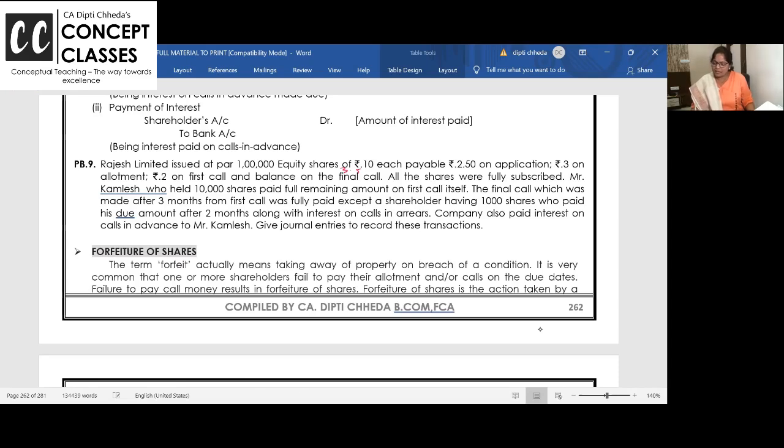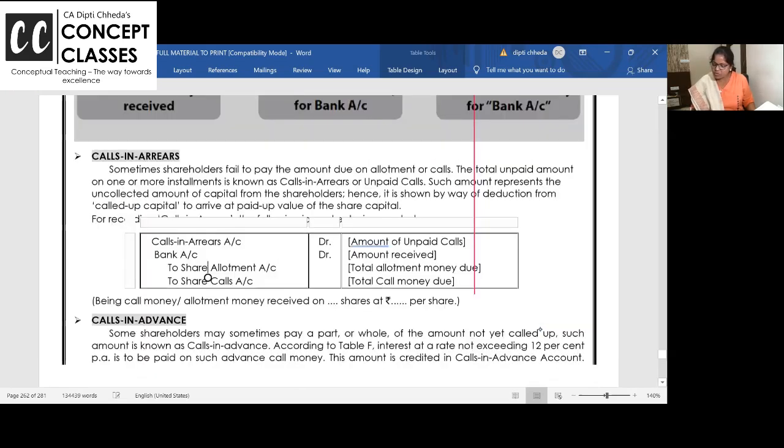3.5 is the final call. How do we know? 10 rupees. 2.5 application plus 3 allotment plus 2.